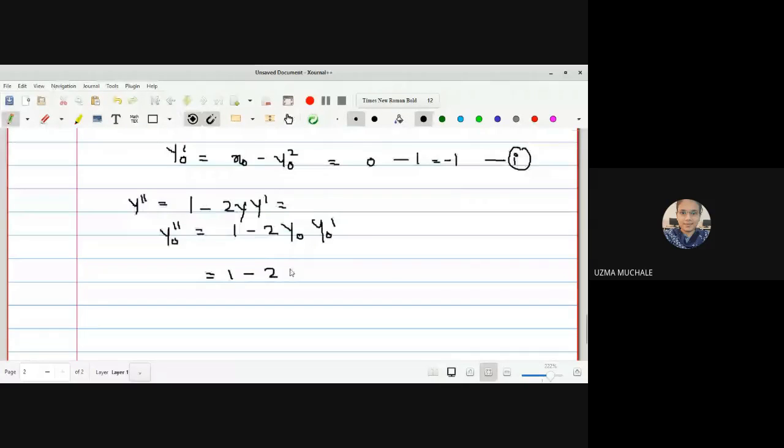What is the value of y naught from our given terms? Y of 0 is equal to 1, which means y naught is 1. Y naught dash, just now we have calculated, is minus 1. So minus minus becomes plus. It is 1 plus 2, that is 3.